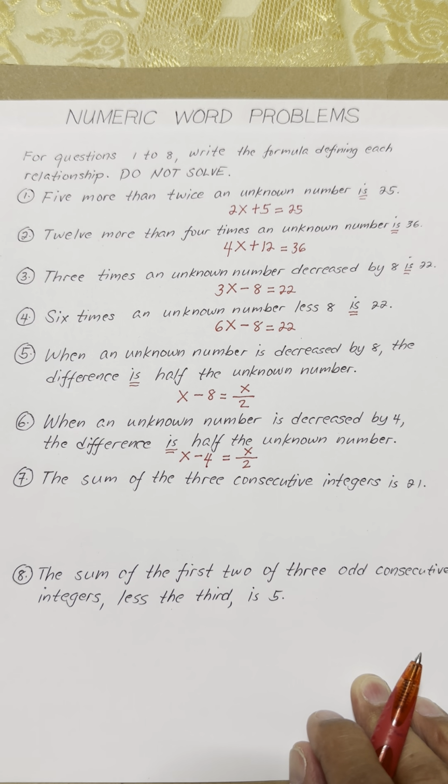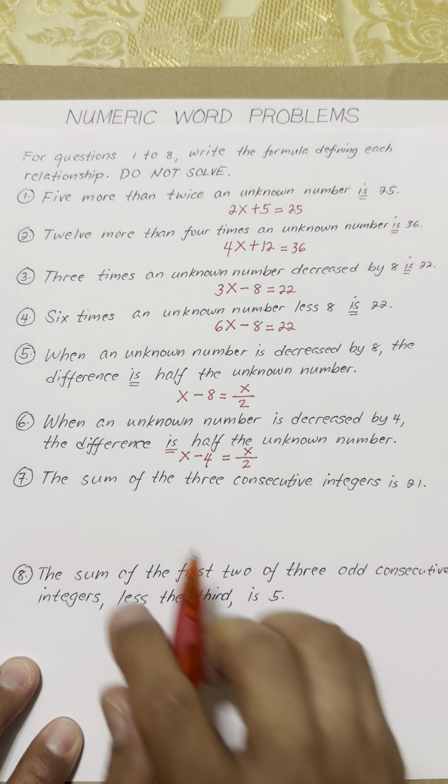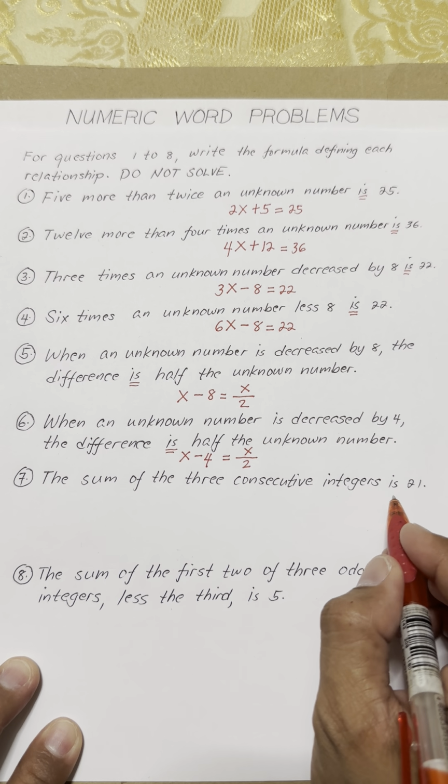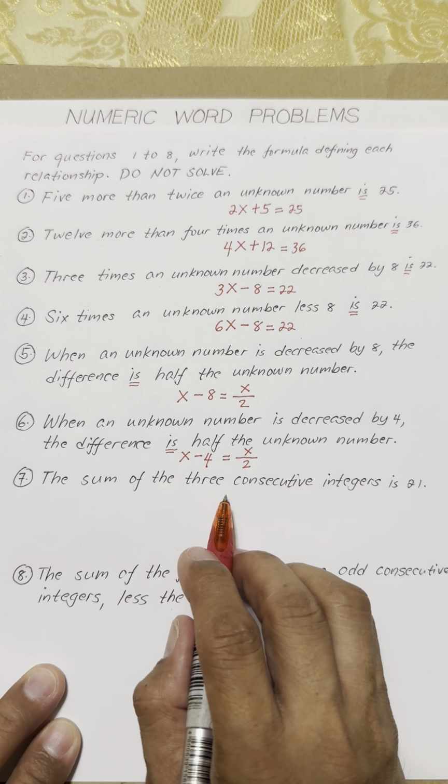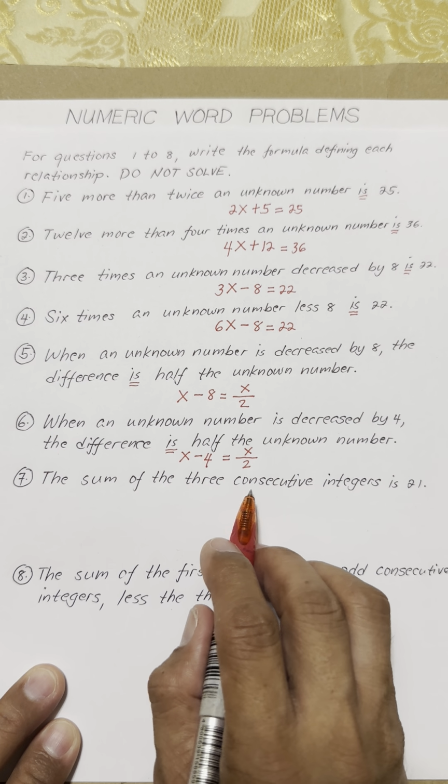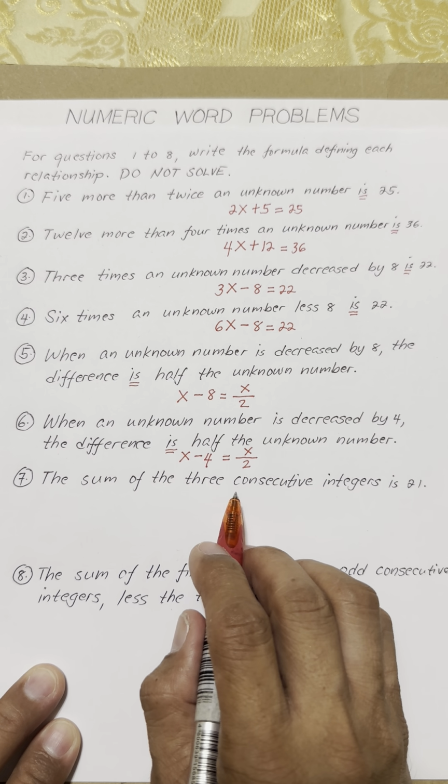Okay? Then the next one, number 7. The sum of the 3 consecutive integers is 21. So there is no mention here of odd or even consecutive integers.